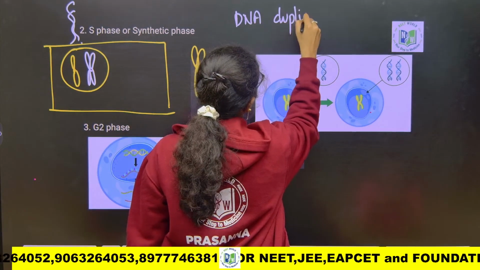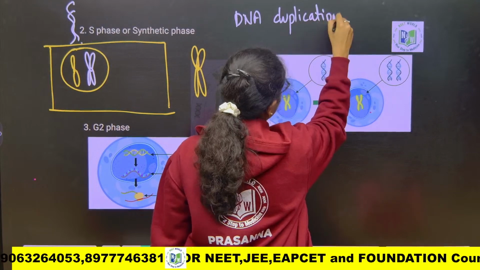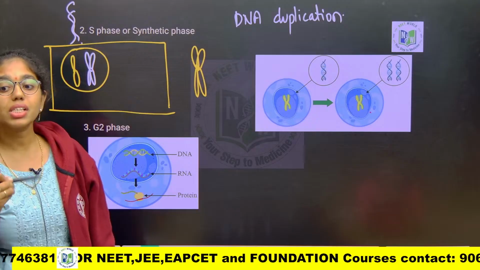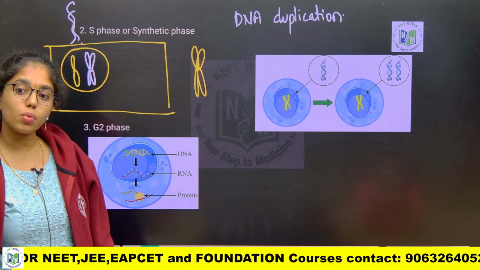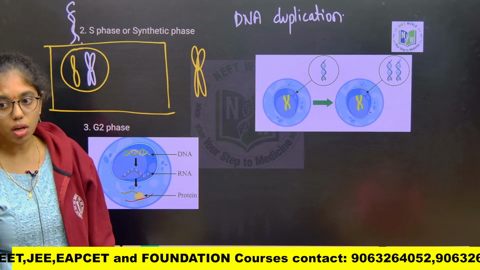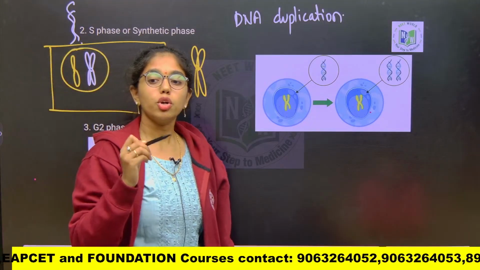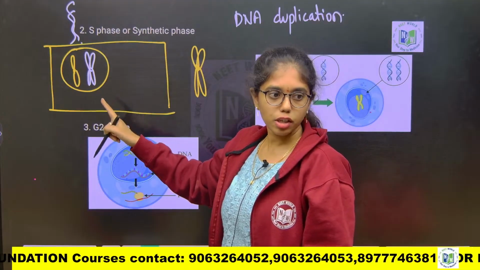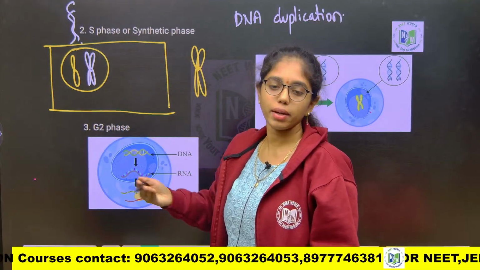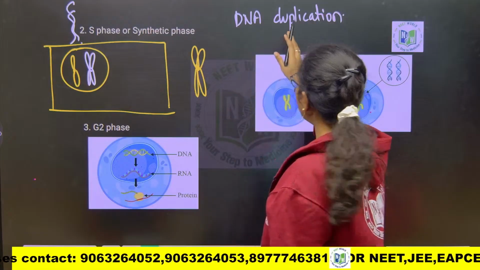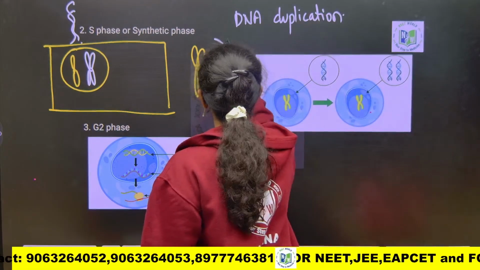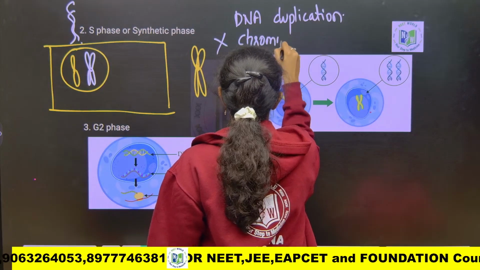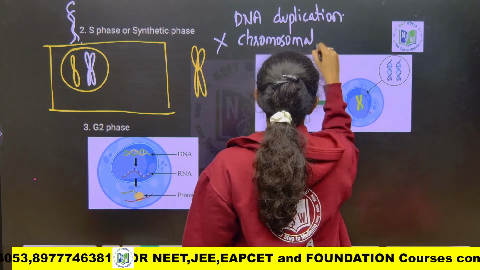There is a hypothetical question given in your MCQs, and it was also asked as a previous year question, to make you clear that DNA is only duplicating and there is no chromosomal duplication. Clear?